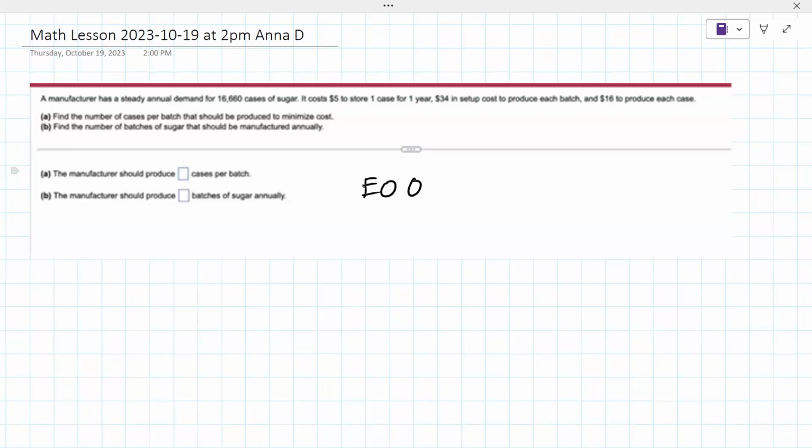EOQ. And it's the square root of 2 times demand times S over H, where H is the holding cost.